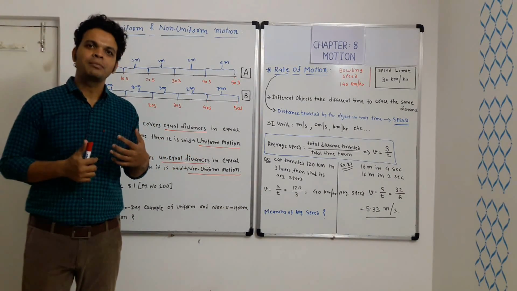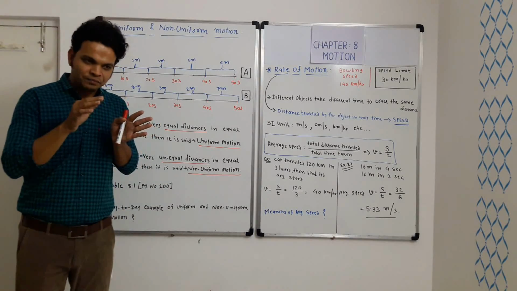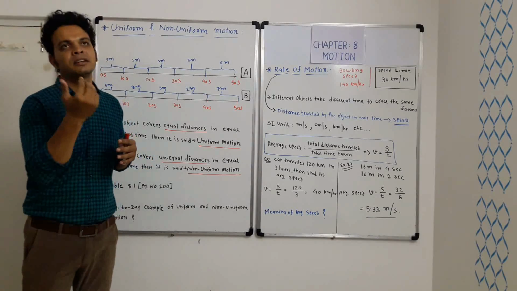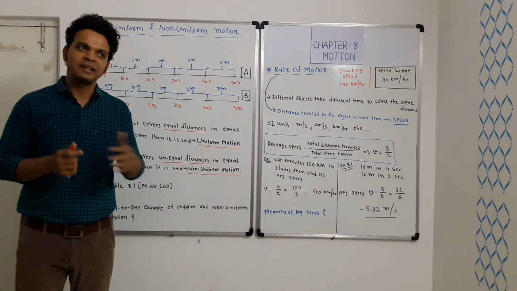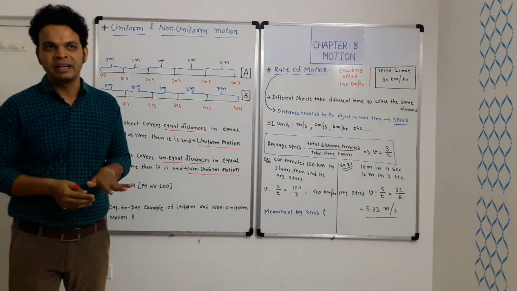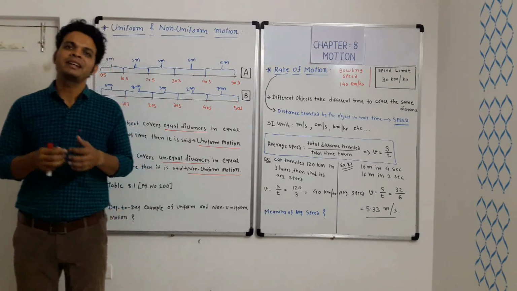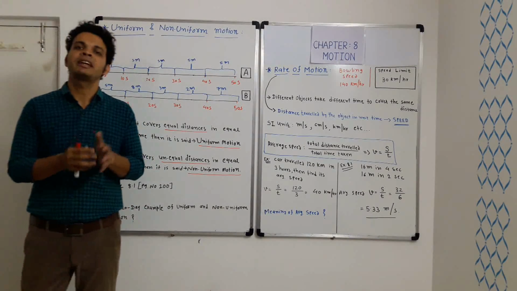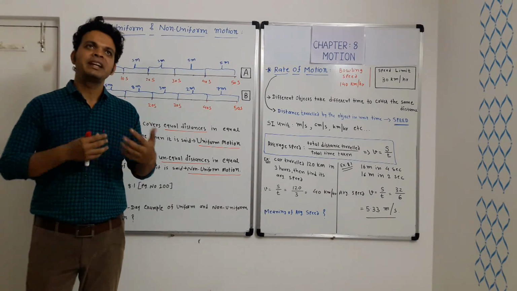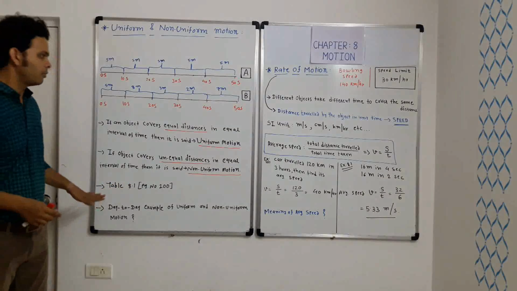When I start my, let's say, car, initially the speed of the car is very low. When there is a clear road, I will increase the speed. When there are crowded places, I will decrease the speed. So speed may vary. It is not like I will cover equal distance in equal time. So generally in day-to-day life, we encounter non-uniform motion.